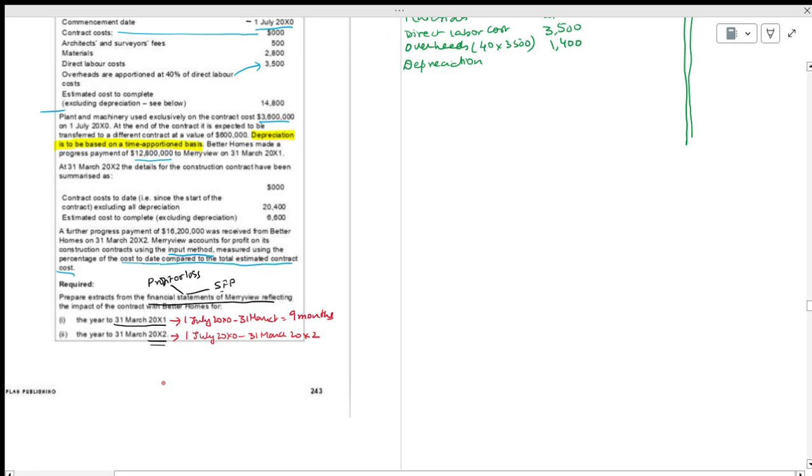They are saying prepare the extract for the financial statement reflecting the impact of the contract price for the year 2. They are not using for the year ending, they are using for the year 2. So it means from 1st July to 31st March, and from 1st July to 31st March 2002.